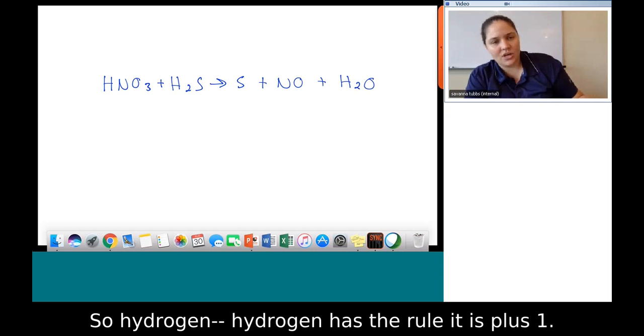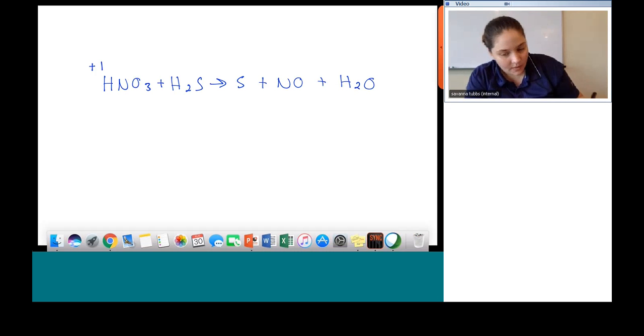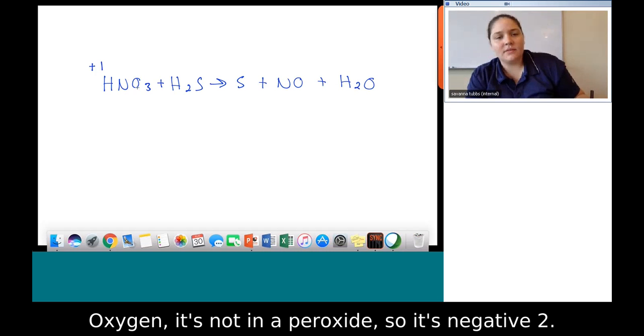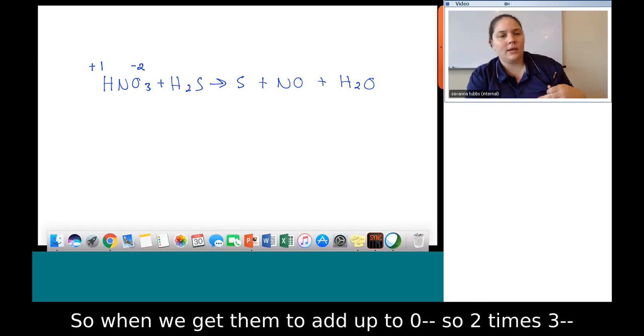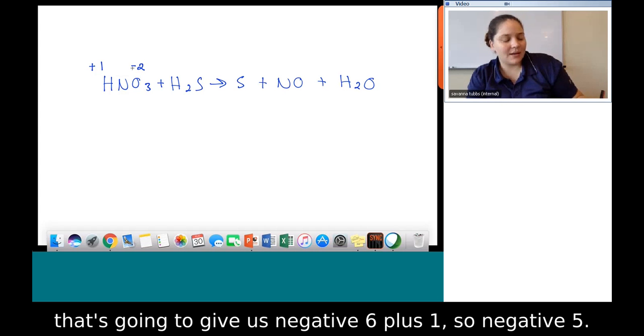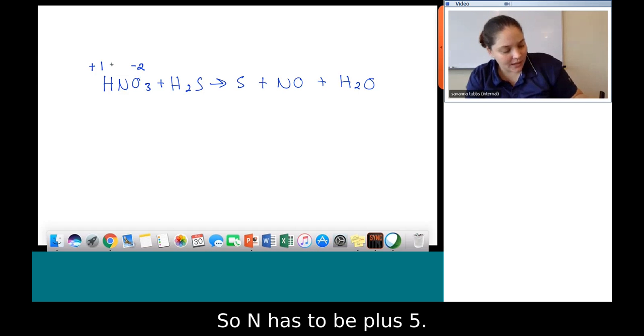Hydrogen has a rule: it is +1. Oxygen, it's not in a peroxide, so it's -2. But we don't know what nitrogen is, so we make them add up to 0. 2 times 3, that's going to give us -6, plus 1, so -5. We need to get to 0, so N has to be +5.